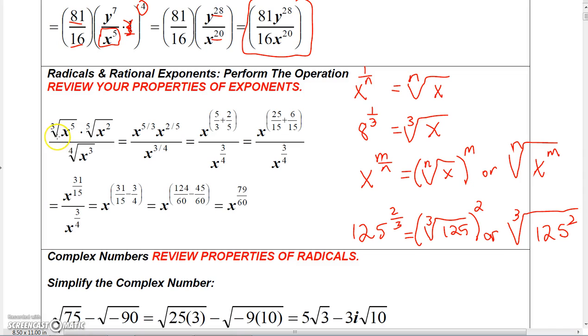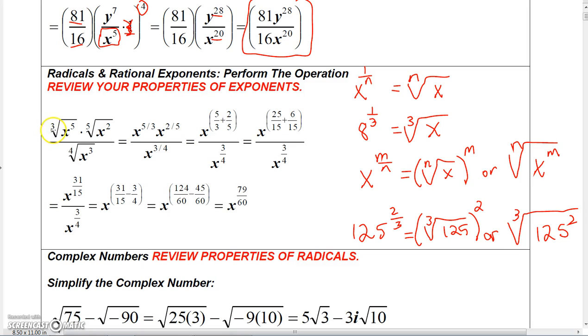Okay, so now that we know how to write radicals as rational exponents, here we have the cube root of x to the fifth times the fifth root of x squared divided by the fourth root of x cubed. Well, the first thing we want to do is write these as rational exponents. So based on this property over here, the numerator is the power and the denominator is the root.